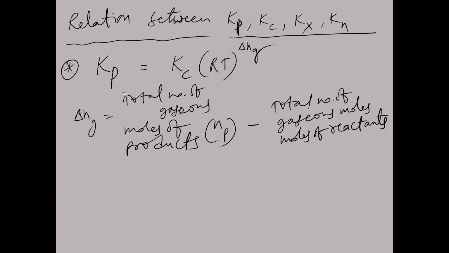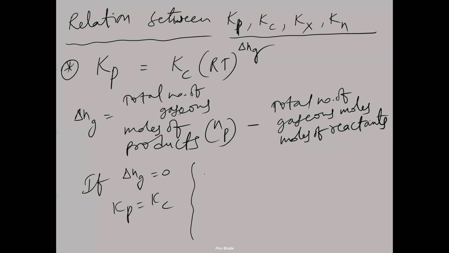Now here the Kp and Kc relationship is: Kp is equal to Kc into RT whole power delta Ng. If delta Ng equals 0, Kp is equal to Kc.